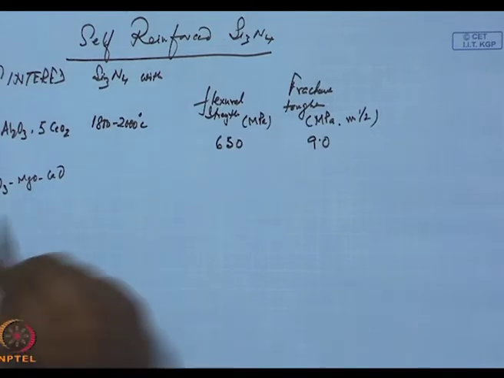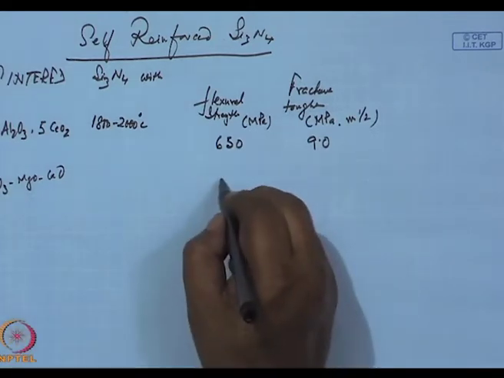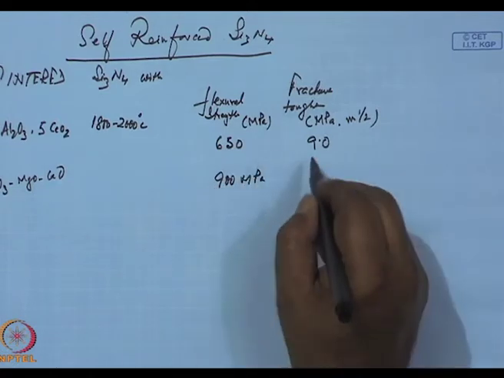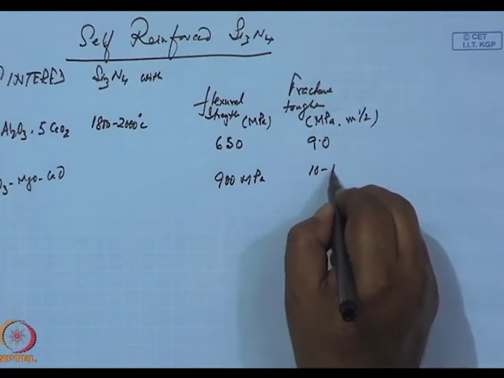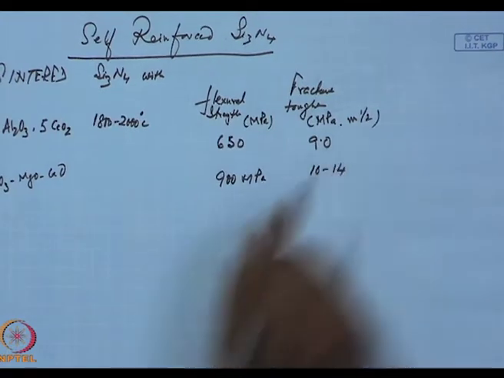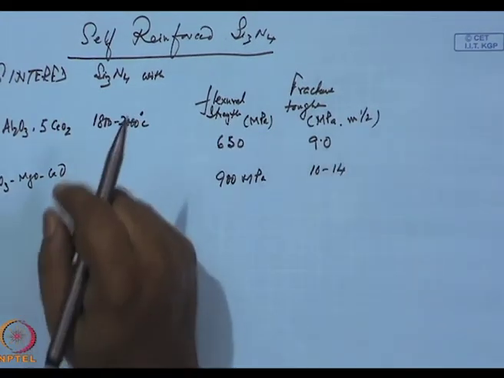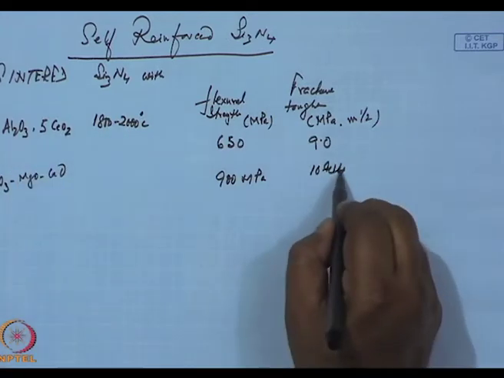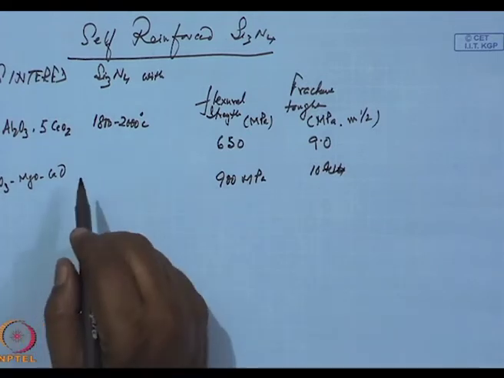If I had taken this, then the flexural strength would have been 900 megapascals, while the fracture toughness would be anywhere between 10 to 14. Or rather, it will be 10 over here, it cannot be that, it is roughly 10.